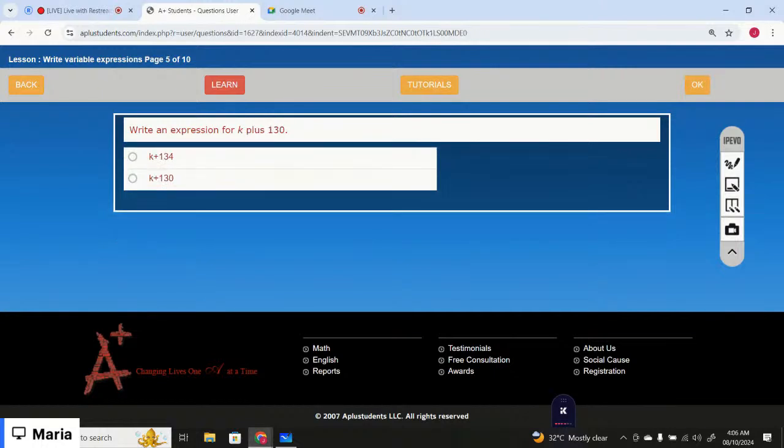Write an expression for k plus 130. Which is the correct option?